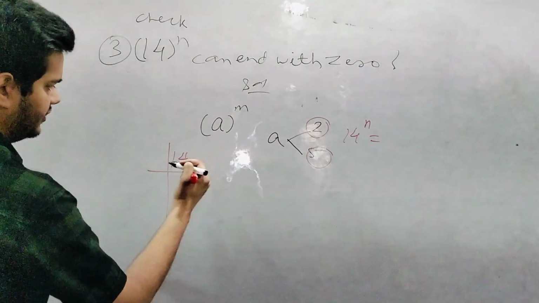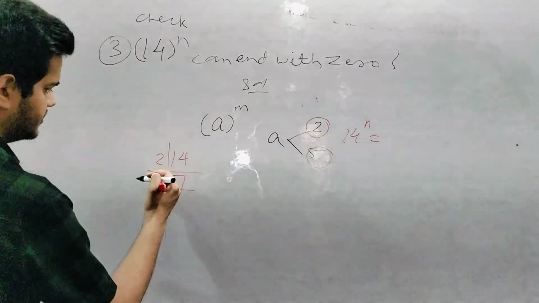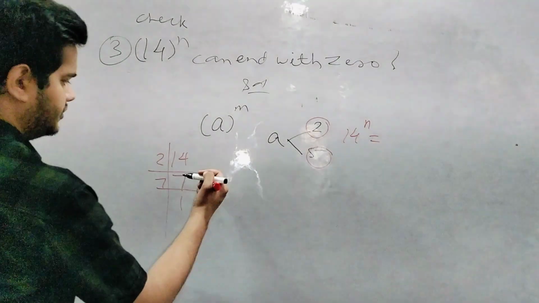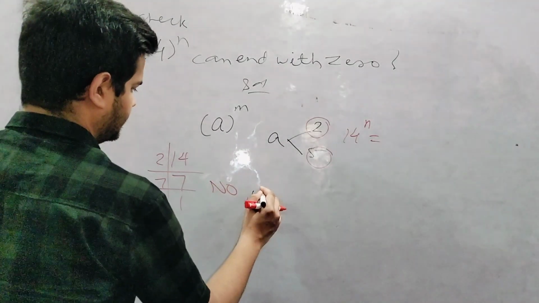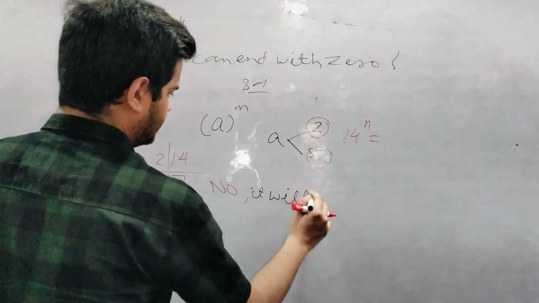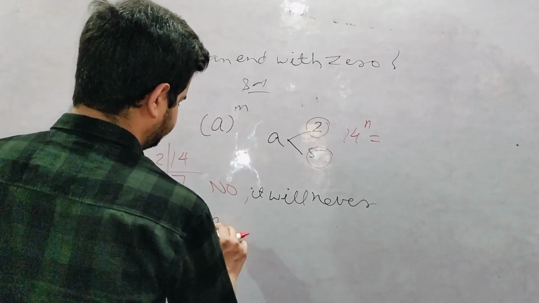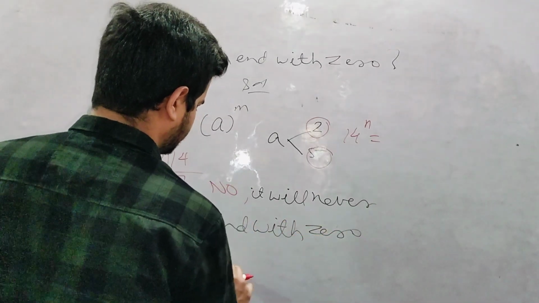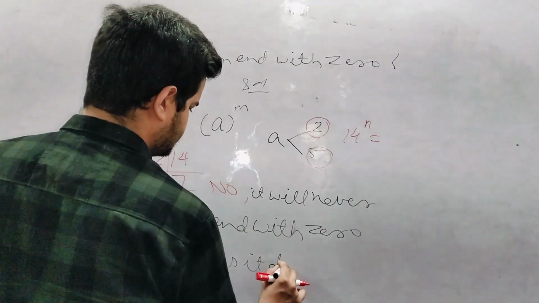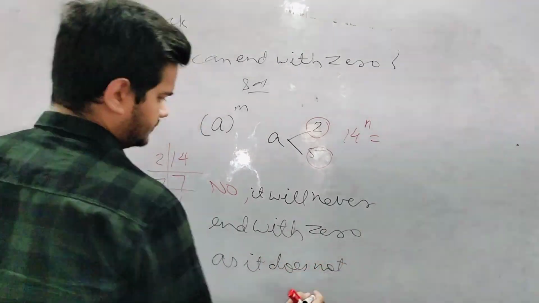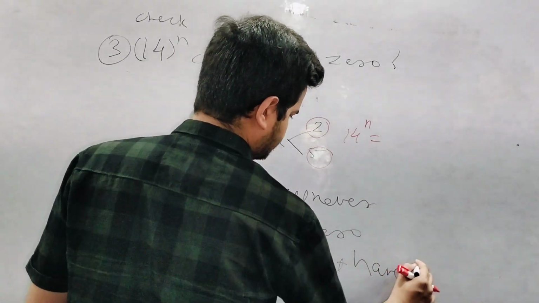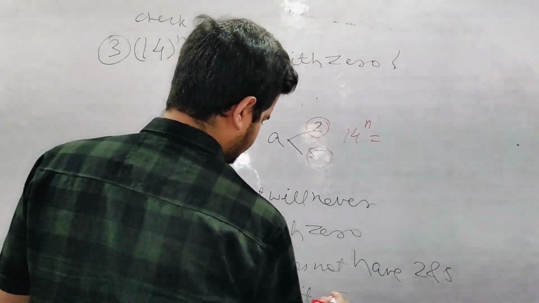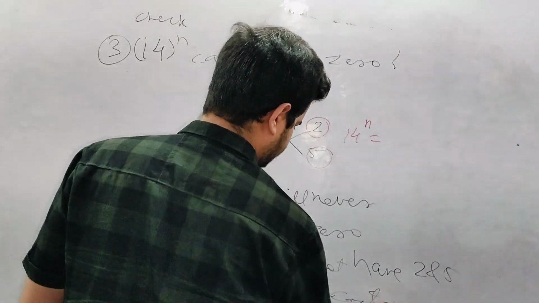So after doing the prime factorization, I get 2, 7. Here 5 is missing, so I will write no, it will never end with 0 as it does not have 2 and 5 as its factors.